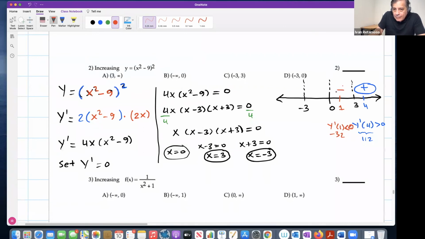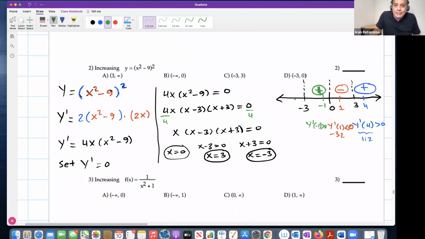For this one, take another test point out of convenience, negative 1. I'm choosing negative 1 because, look, negative 1 evaluated here will be 1 minus 9, which is minus 8. And the other factor will be negative now. Negative and negative is now positive, right? Same output, but positive. So this will be positive here.